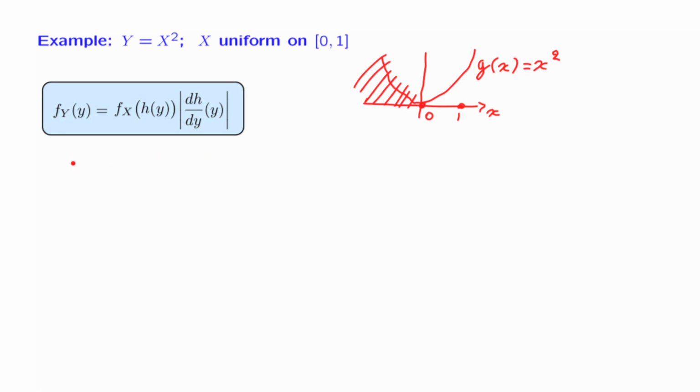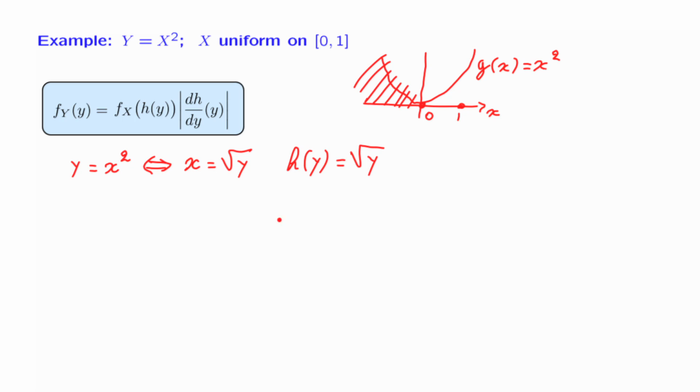So what is the correspondence? Y is going to be equal to x squared. That's the g of x function. And when that happens, we have the relation that x is going to be the square root of y. This tells us that the inverse function, h of y, which tells us what is the particular x associated with a given y, takes the form square root of y.